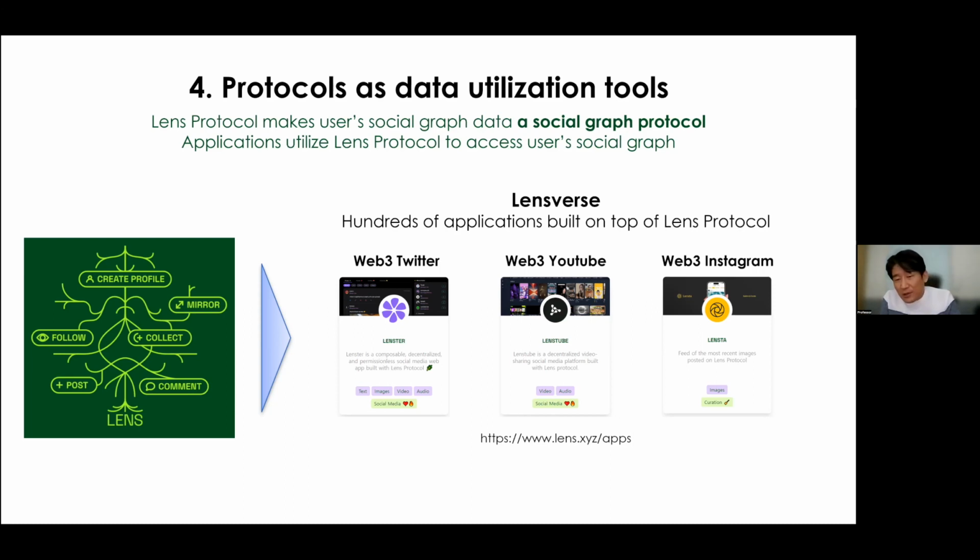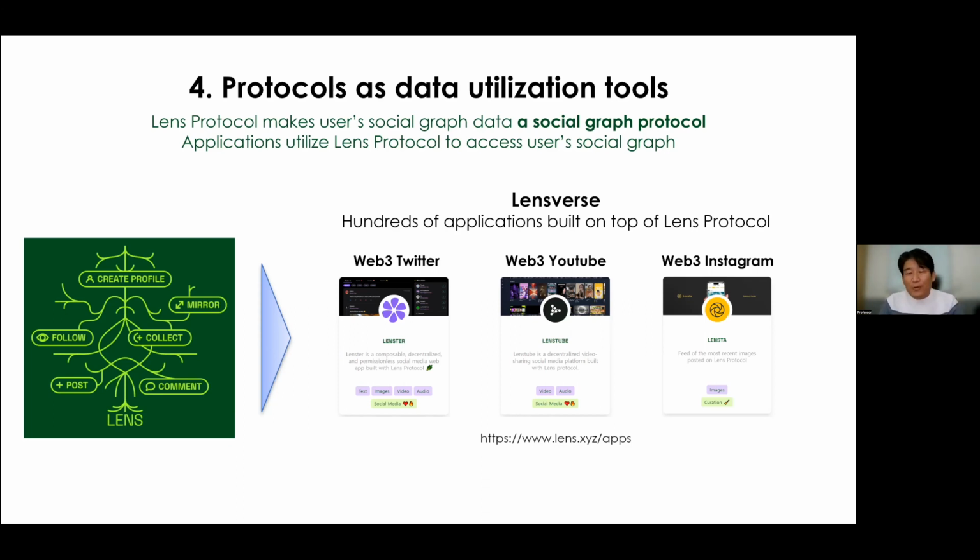From the perspective of builders, engineers, and developers, it is very good because Lens protocol can solve the cold start problem. When you build your own service, the biggest problem is the cold start problem. When you start your service, there are no users, so you have to spend a lot of money to attract users with marketing.